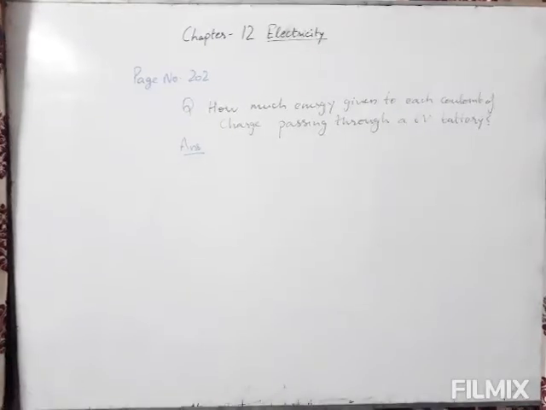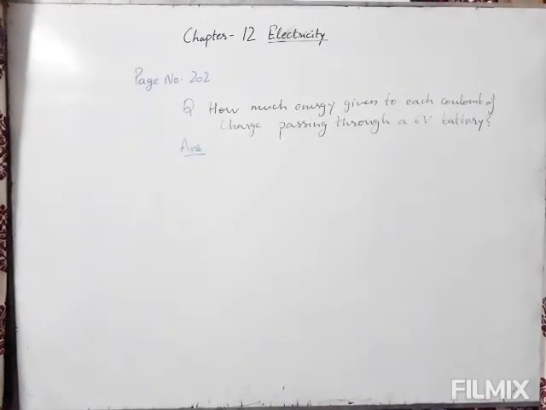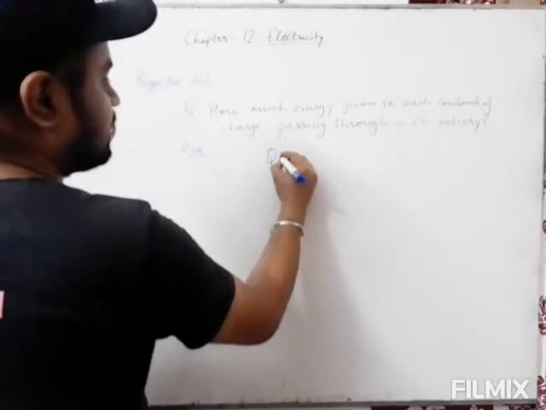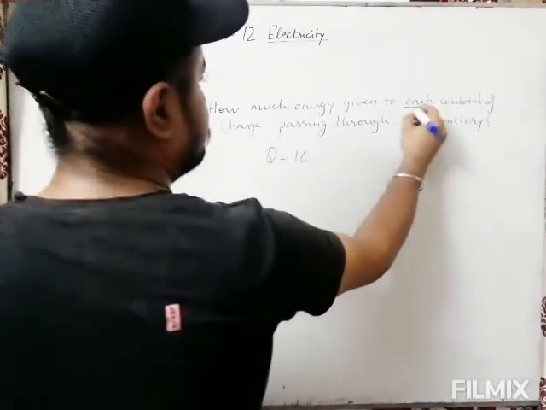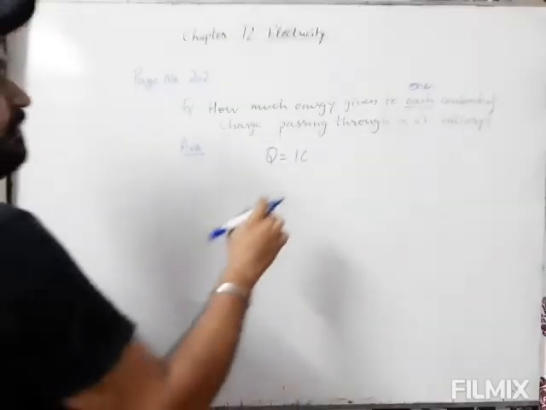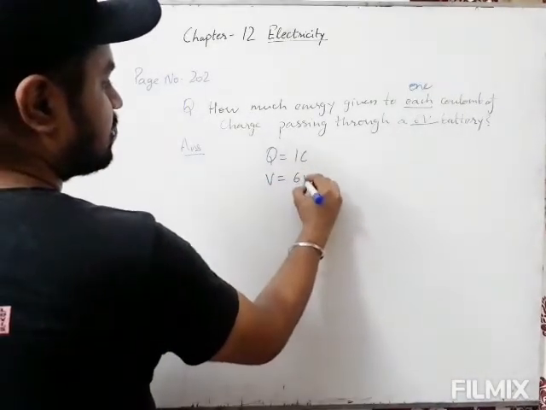Thank you. And in this next question, we have to find out how much energy is given to each coulomb of charge passing through a 6 volt battery. Now each coulomb means the charge is 1 coulomb. Each means 1. Kindly understand the question well, then attempt. Potential is given to us as 6 volt.